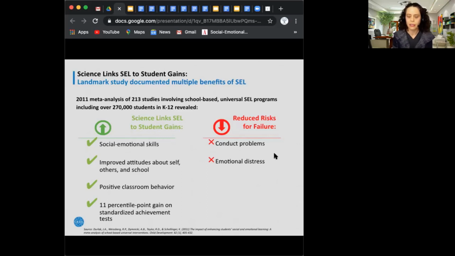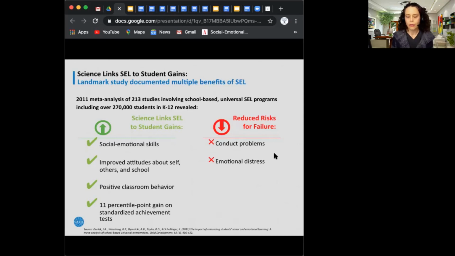It's not just a single study or a single research finding. In this particular one, it was an analysis of 213 studies that involved SEL programming. This covered K through 12 and 270,000 students, as you can see. And you can look this up, the references are at the bottom.